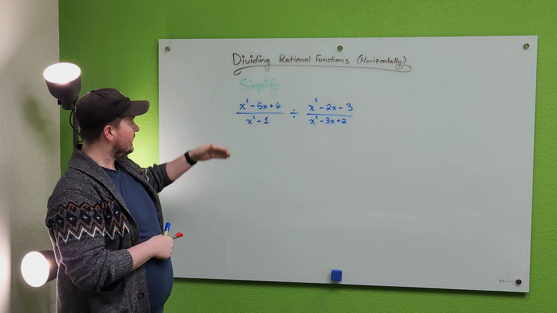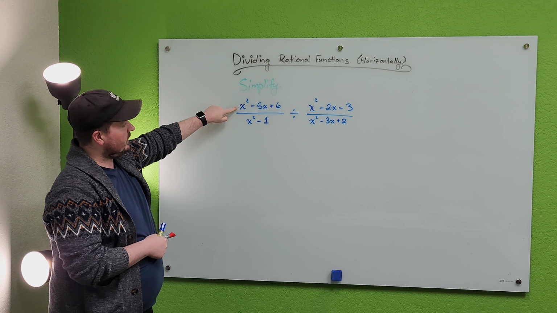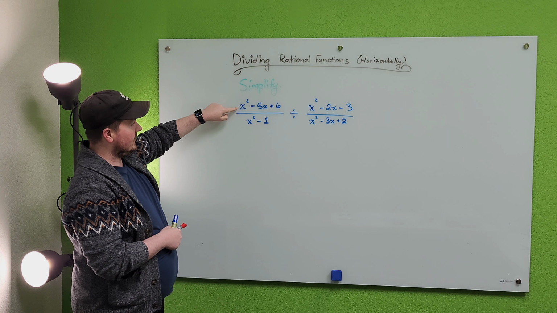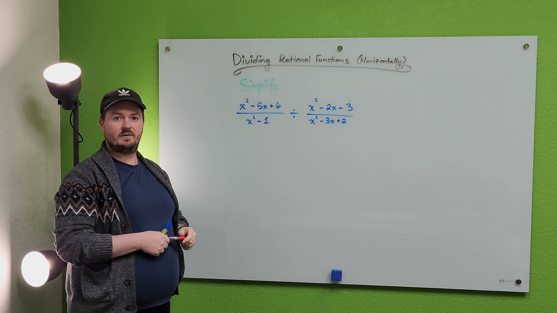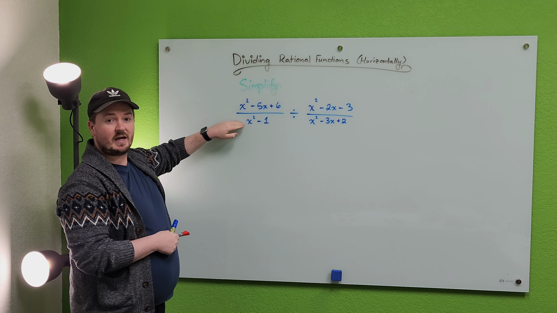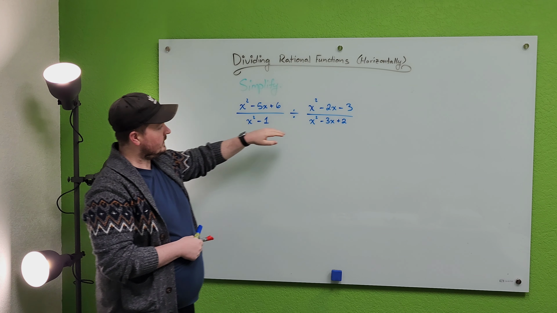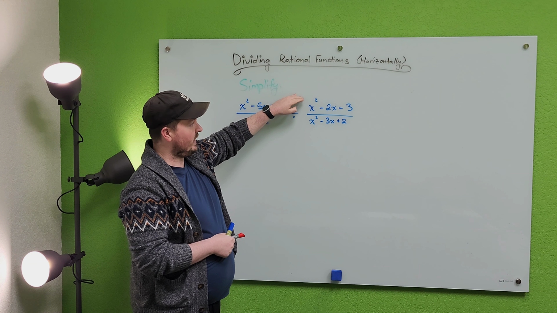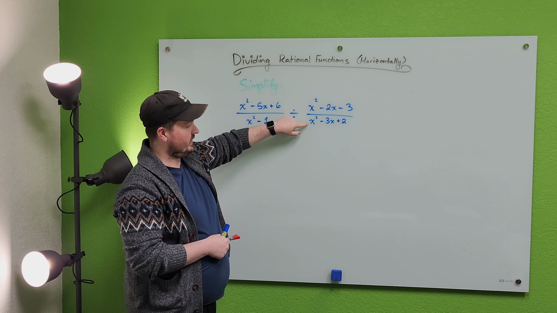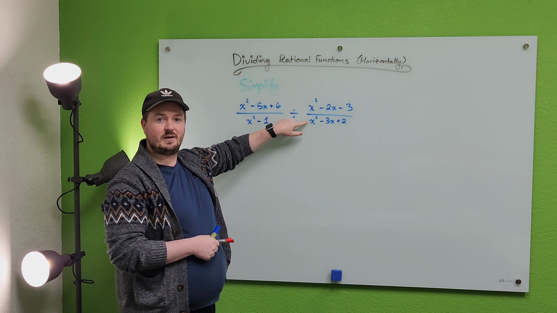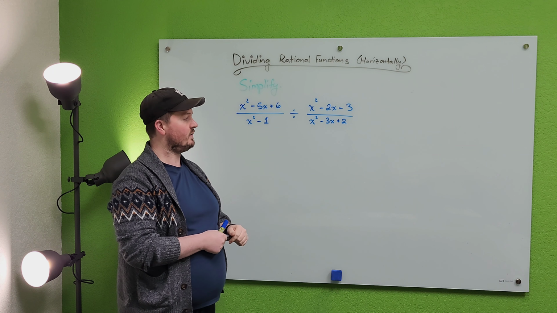For example, in this first rational expression, x squared minus 5x plus 6 divided by x squared minus 1, we could potentially divide by 0. Here we have x squared minus 2x minus 3 divided by x squared minus 3x plus 2. Here's another situation where if this was to become 0, we could divide by 0.